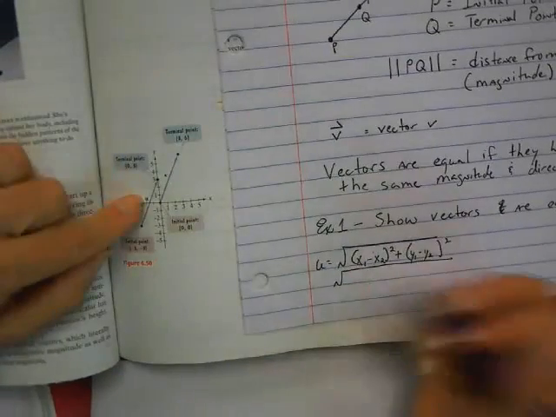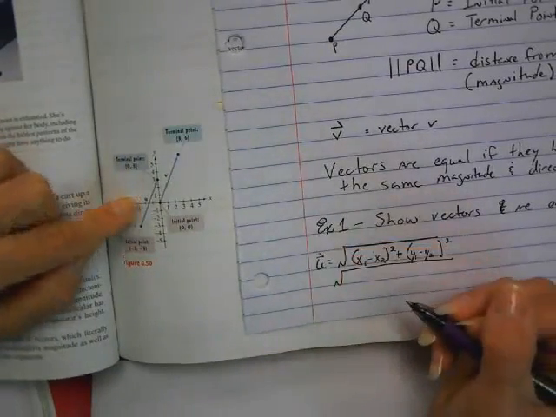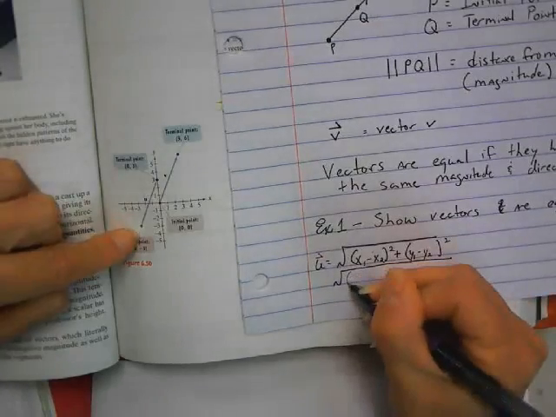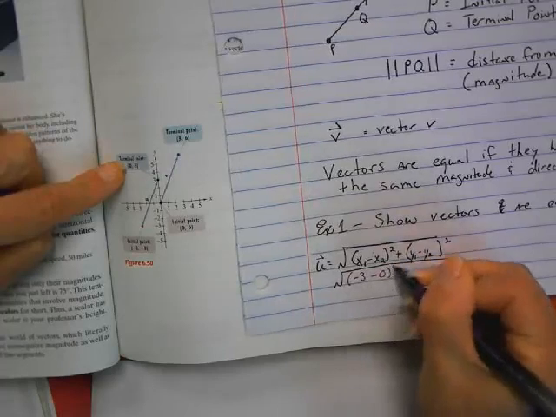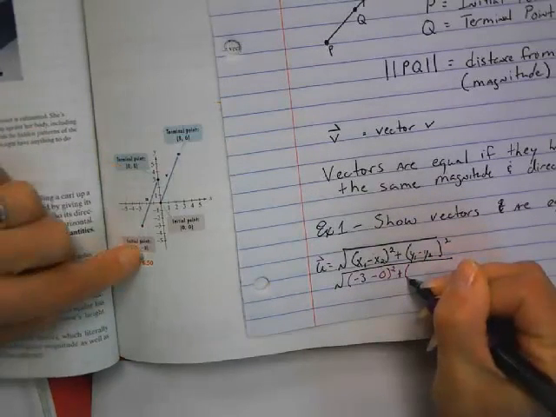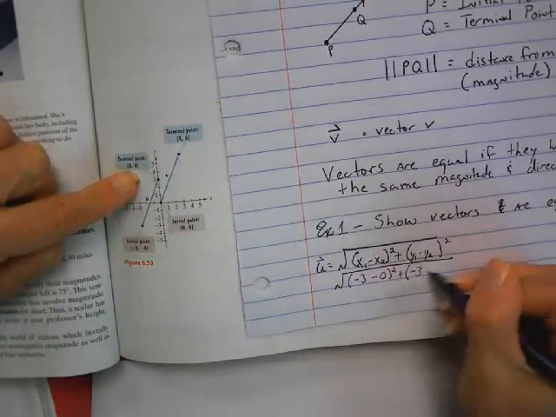So if I look at vector u first, his x values are negative 3 and 0, so negative 3 minus 0 squared plus negative 3 and 3.